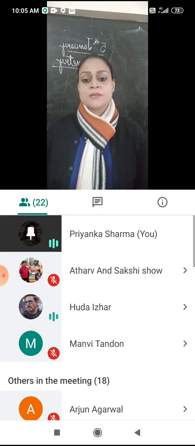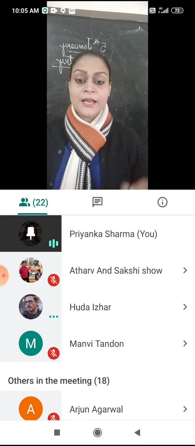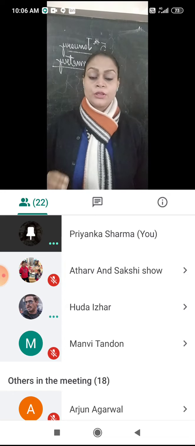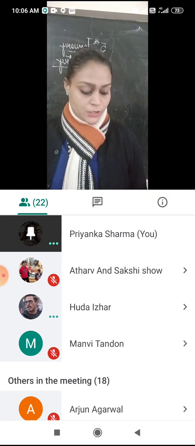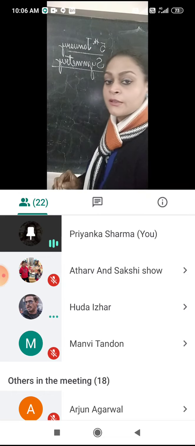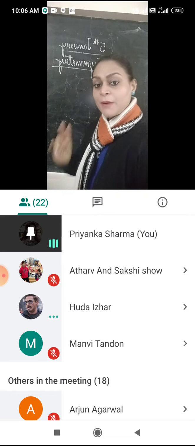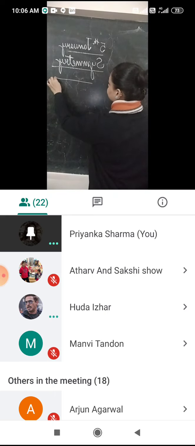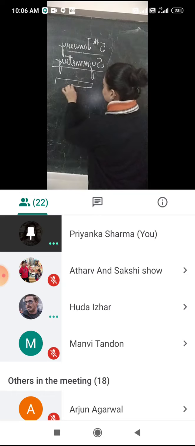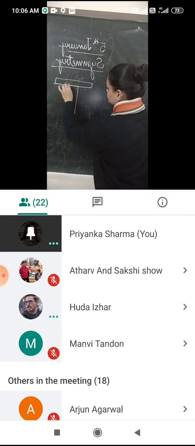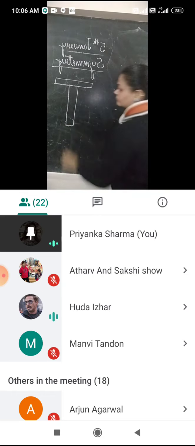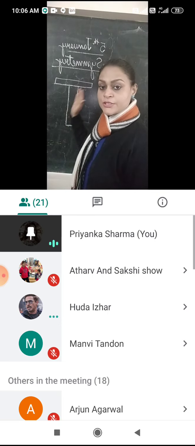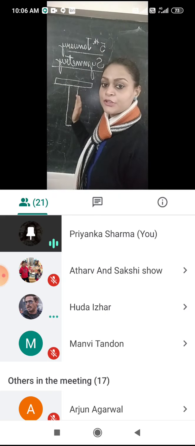When we talk about symmetry, symmetry means a line that divides any figure into equal parts and gives the mirror image. This is a figure. Which symmetry line is going to divide the figure into a mirror image?